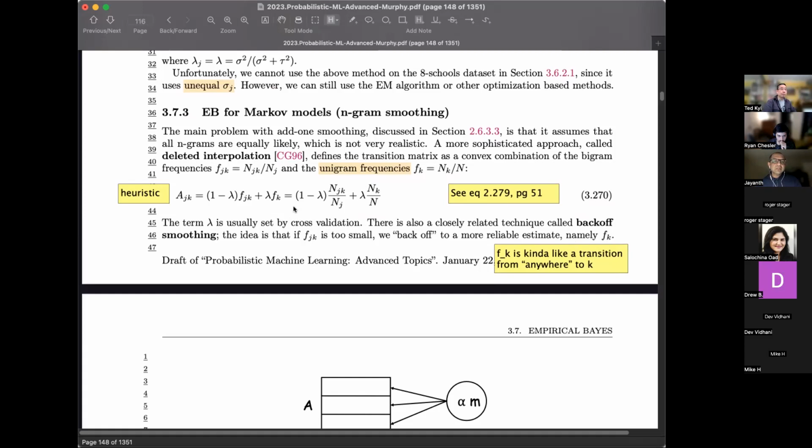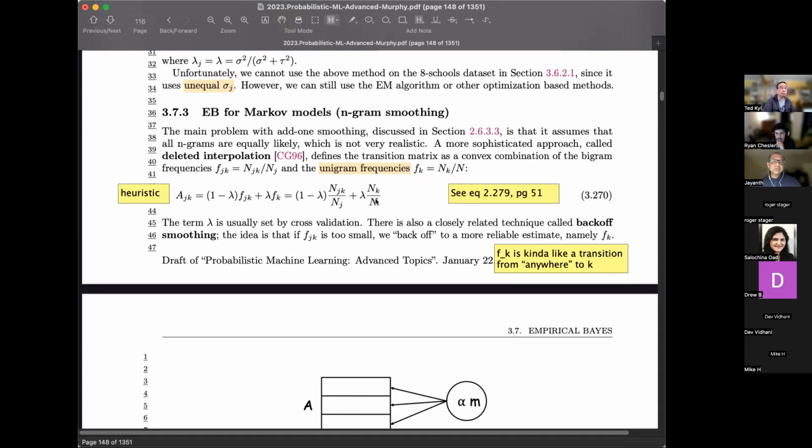In the regular case, or in the previous case, you just look at the number of co-occurrences between j and k. And so you just have this one expression, njk divided by nj, I believe. So you're going from j to k, you see the number of j's, you see the number going to k, and that gives you an estimate of that transition.